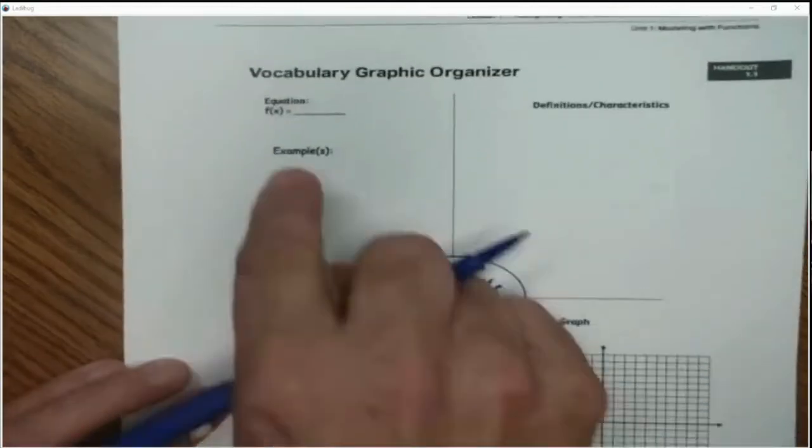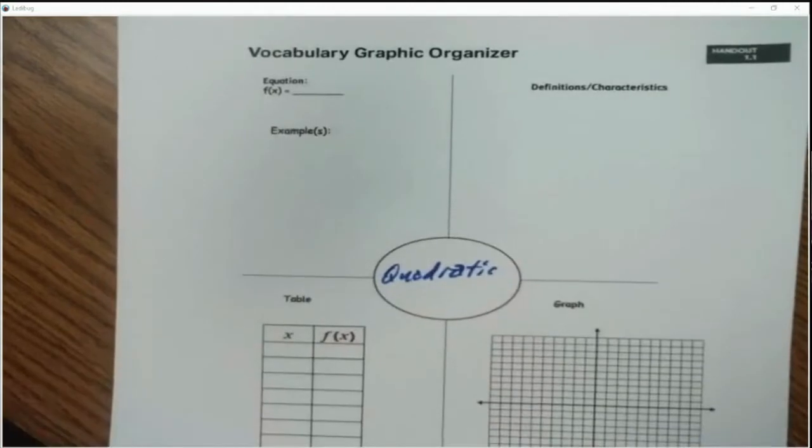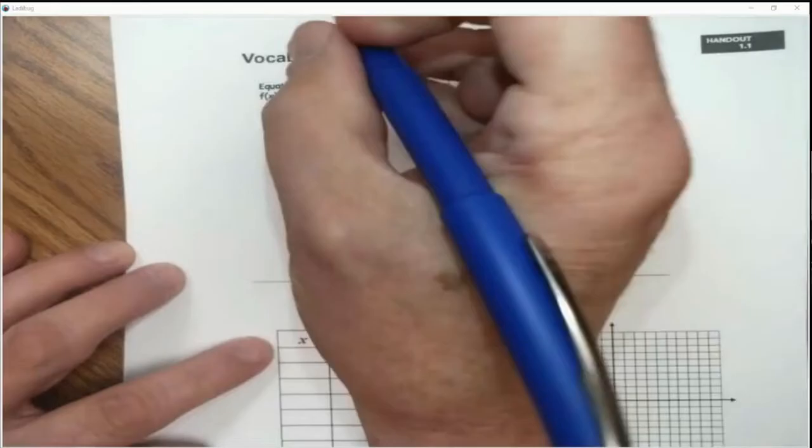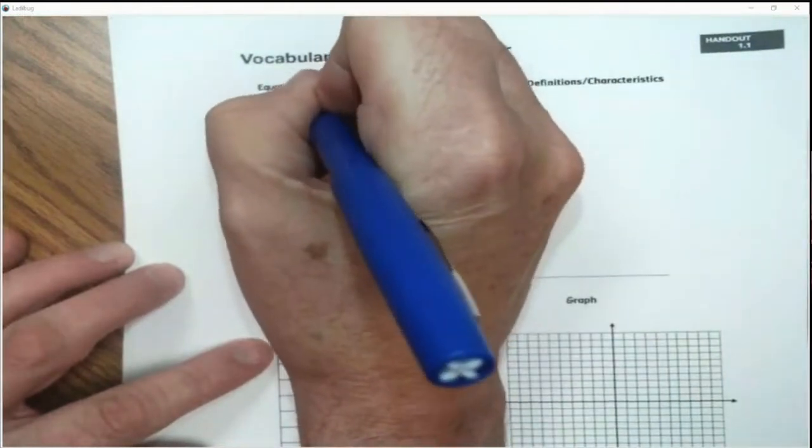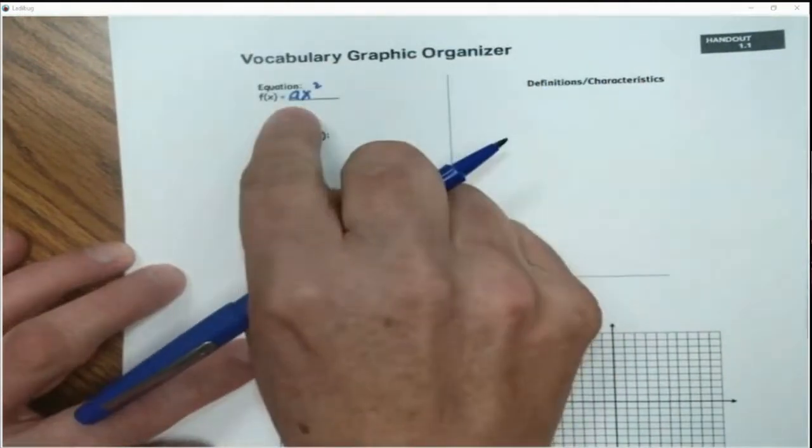Okay, so an equation for quadratic, what would that look like? X squared, right? And if you go for the full definition, it's ax squared plus bx plus c, because a could be whatever the coefficient is.